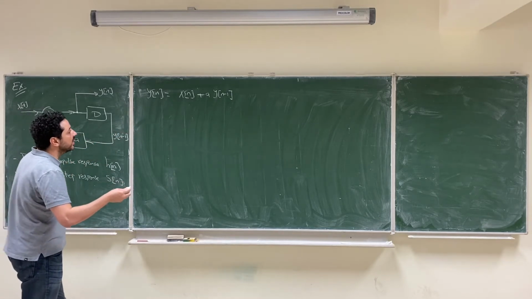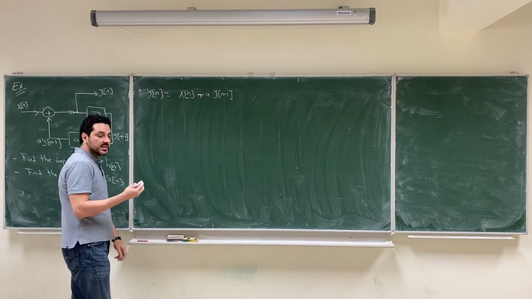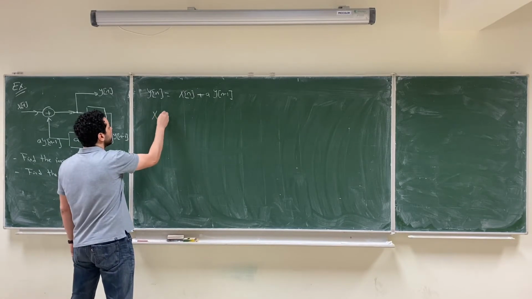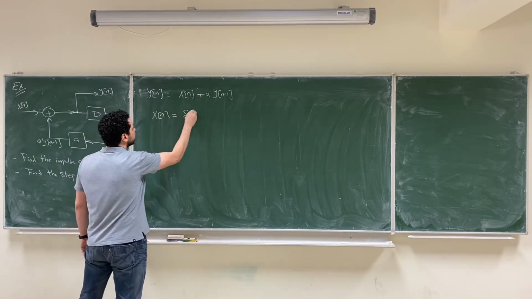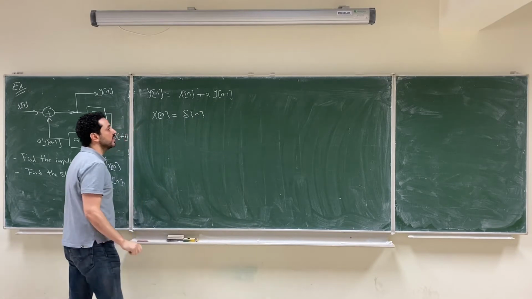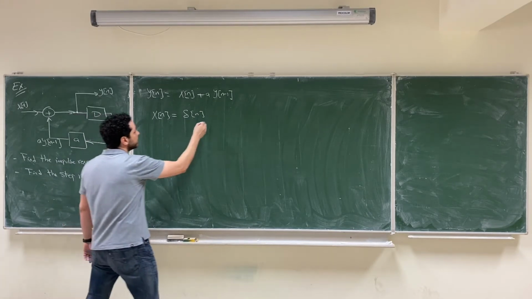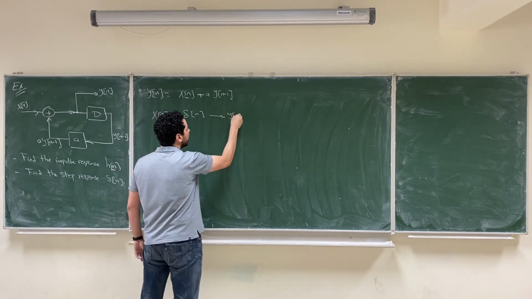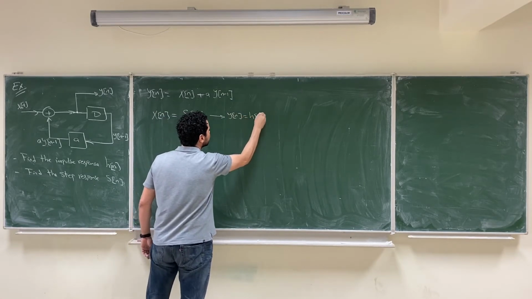If we want now to obtain the impulse response of the system, we should replace x of n by delta of n, by a unit impulse function. In this case, the output will be equal to the impulse response, right?